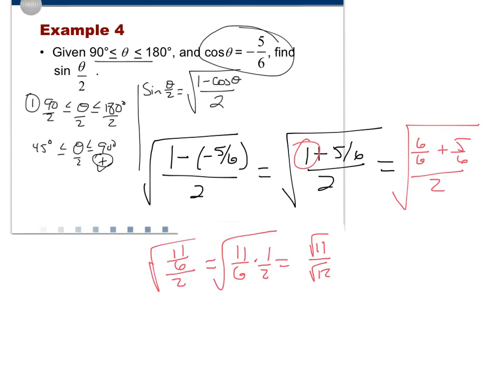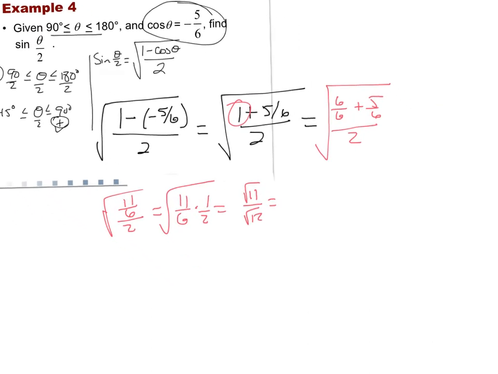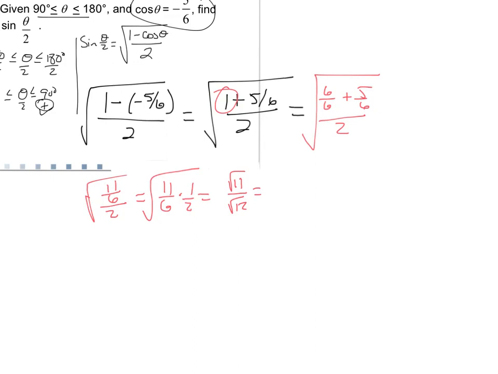Okay, now I got to simplify this. First step, I may think about reducing this 12 to make my numbers easier to rationalize. I'm going to take root 11, and this 12 is 4 times 3, so that's 2 root 3. Now when I rationalize, the only thing I have to multiply the top and the bottom by is root 3.